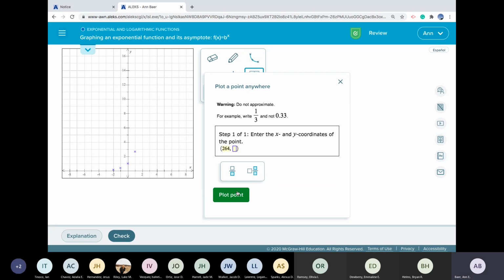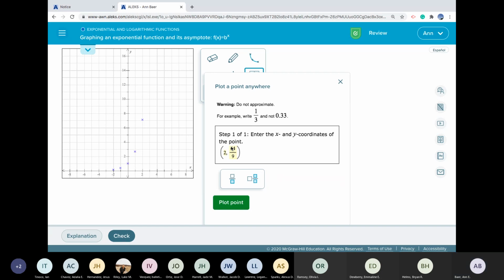Last one, 2, 64/9. I'm going to leave that one there for a minute. If I take 64 and divide it by 9, I get 7.11111. You can see that, and that is a Y value.